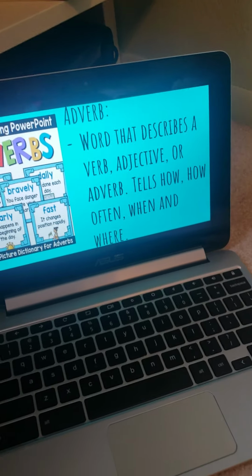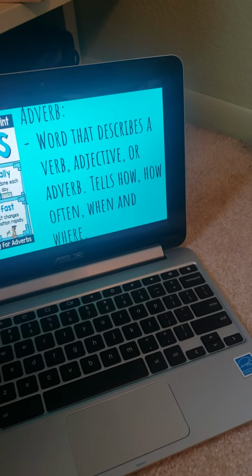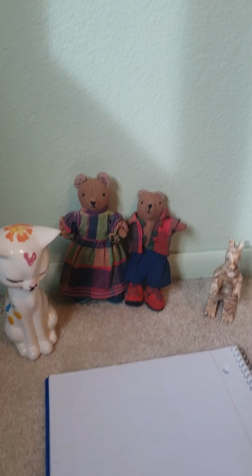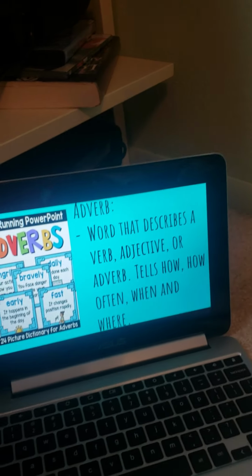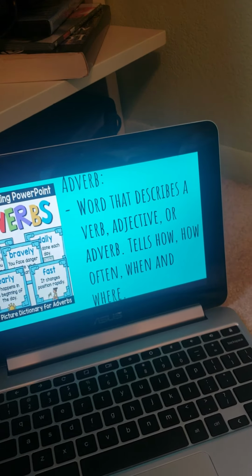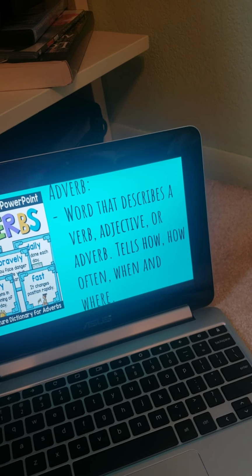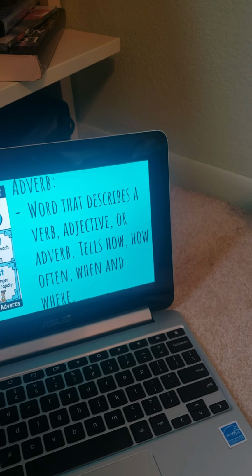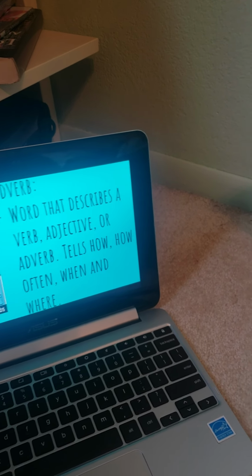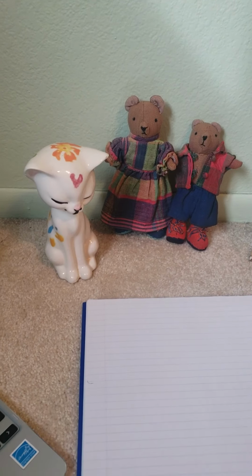All right, final one. This one's a little bit difficult. Can somebody tell me what an adverb is? That's totally right. An adverb is a word that describes a verb, adjective, or another adverb. So basically, remember how we learned it? It tells how often, when, and where. Can somebody give me an example of an adverb?